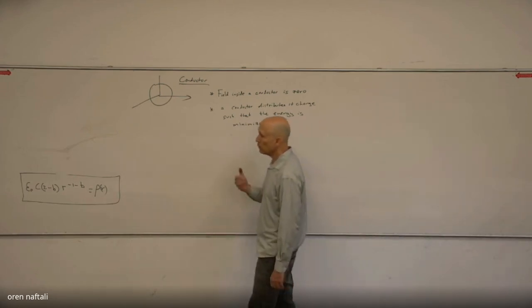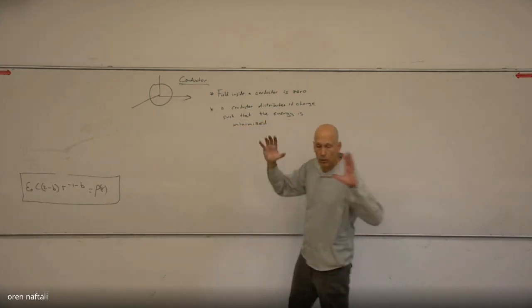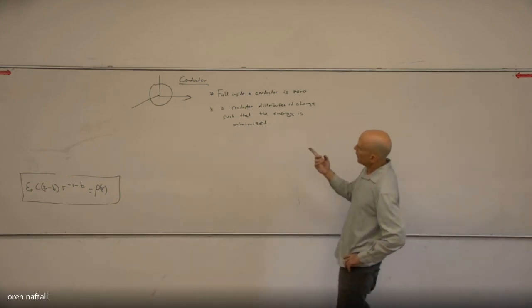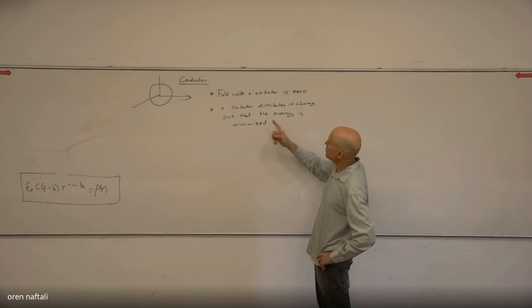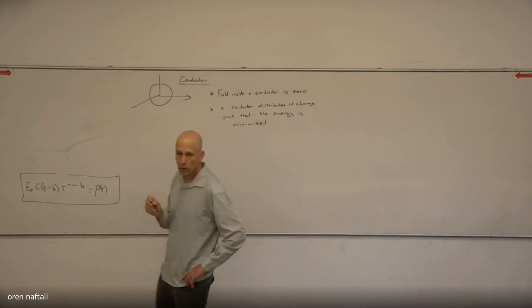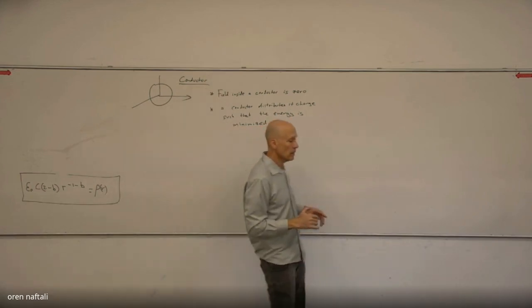So to avoid the currents, you want the field inside to be zero. That is the general thing that you had, I think, before. A conductor distributes its charges such that the energy is minimized. From a physical point of view, before answering why these are connected, does this make sense?